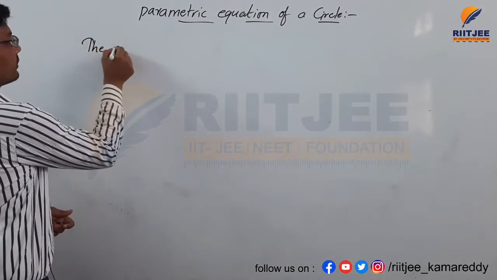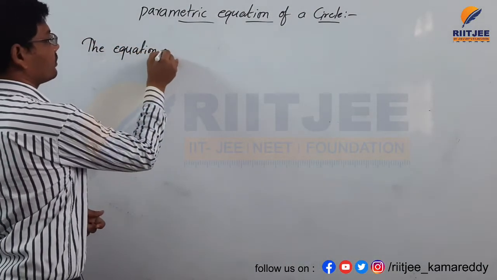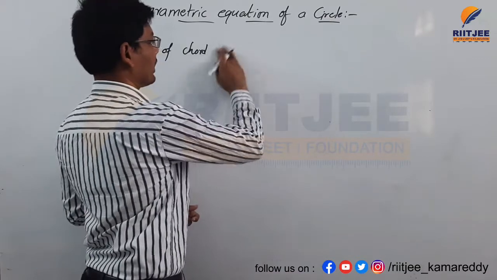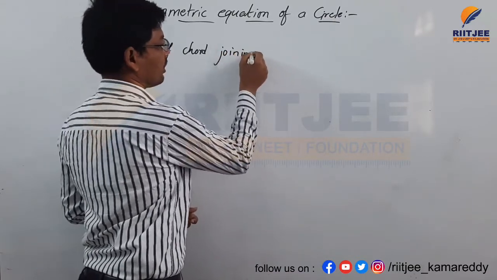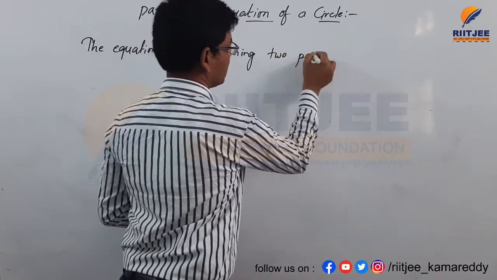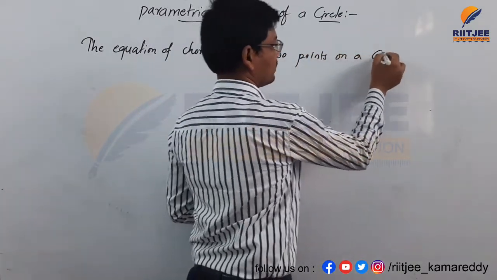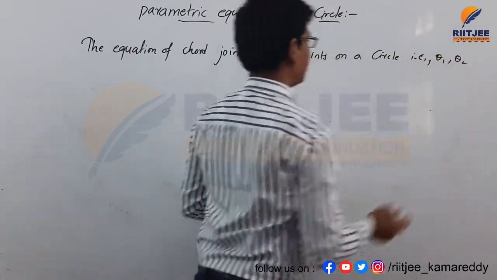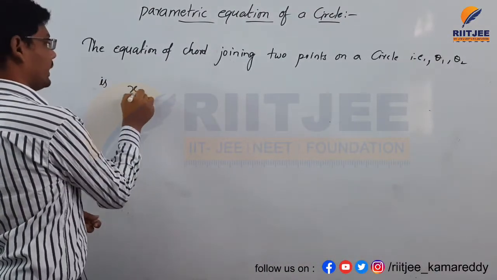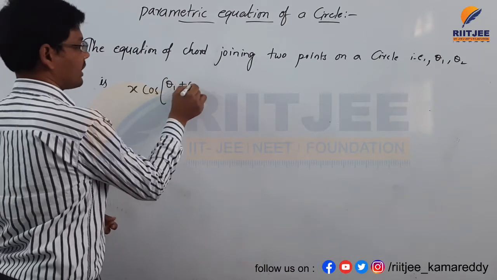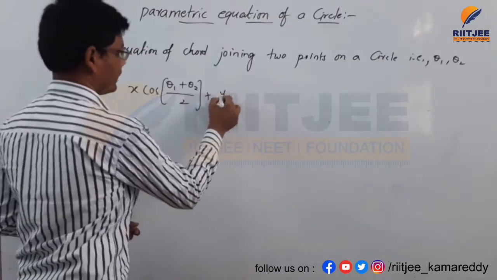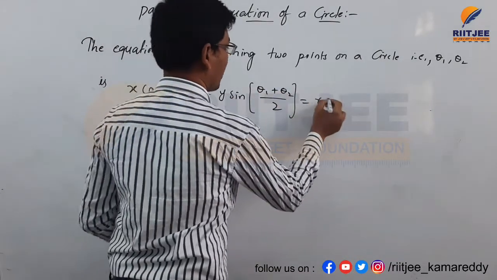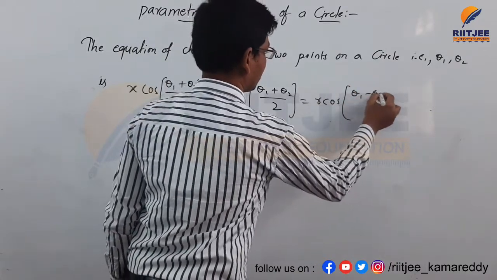Here the equation of the chord joining 2 points on a circle, that is theta 1 comma theta 2, is x cos of (theta 1 plus theta 2) by 2 plus y sin of (theta 1 plus theta 2) by 2 is equal to r cos of (theta 1 minus theta 2) by 2.